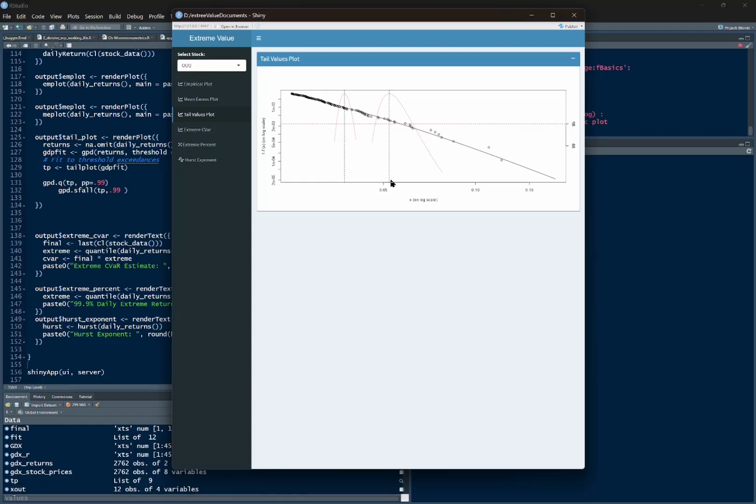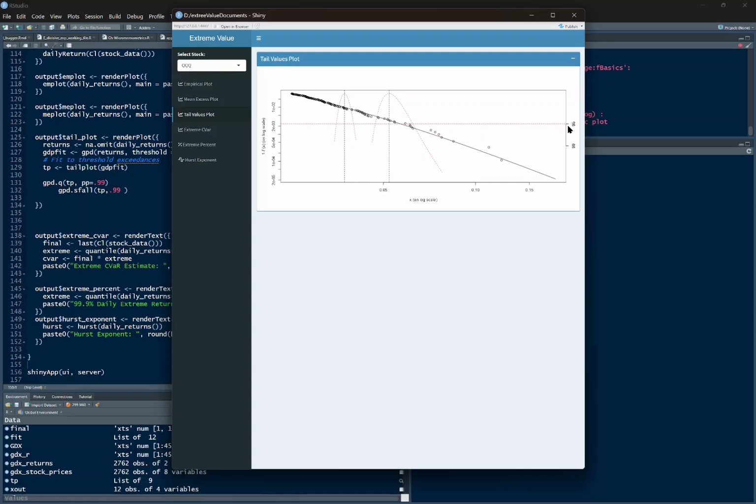Vertical dashed lines may show the threshold value. That was the other threshold there. Vertical dashed lines may show the threshold value beyond which EVT assumptions apply.